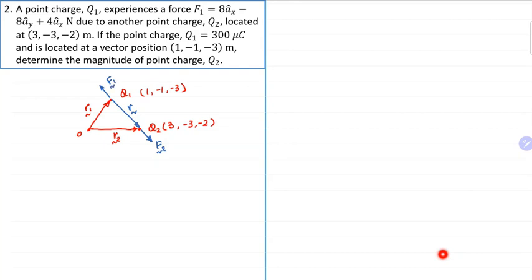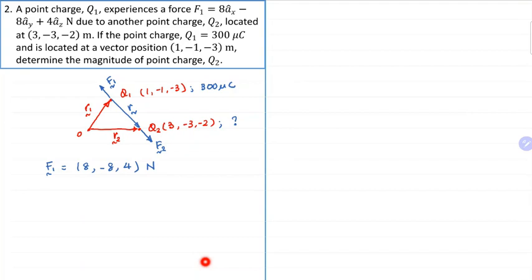Okay, information given is that the force F1 is equal to 8 in the x direction, minus 8 in the y direction, and then 4 in the z direction, newtons. Other information given is that Q1 is 300 microcoulombs, and you're asked to find the charge Q2.